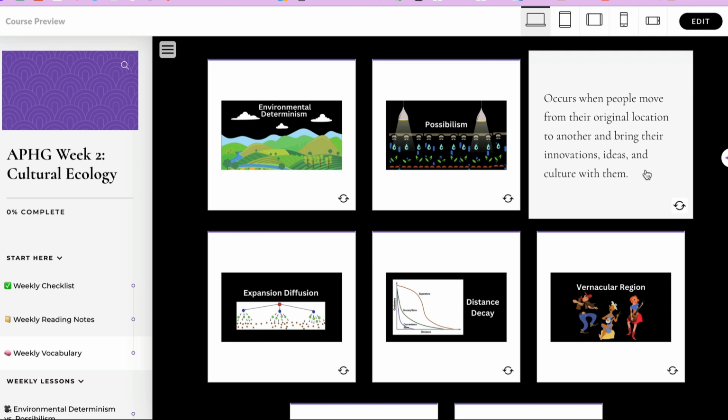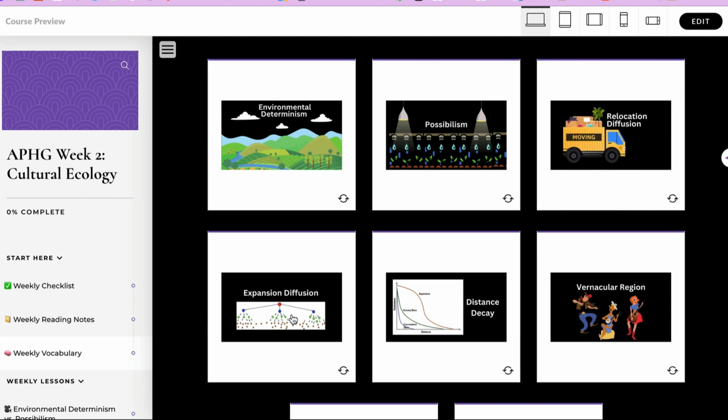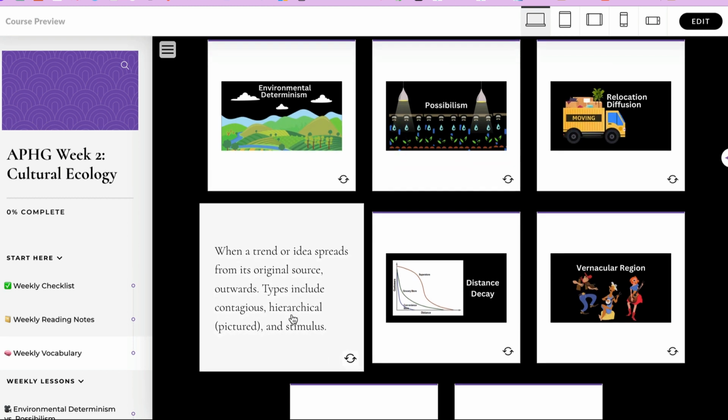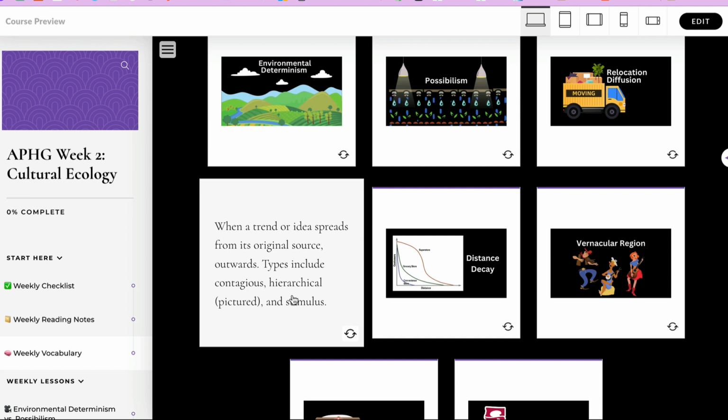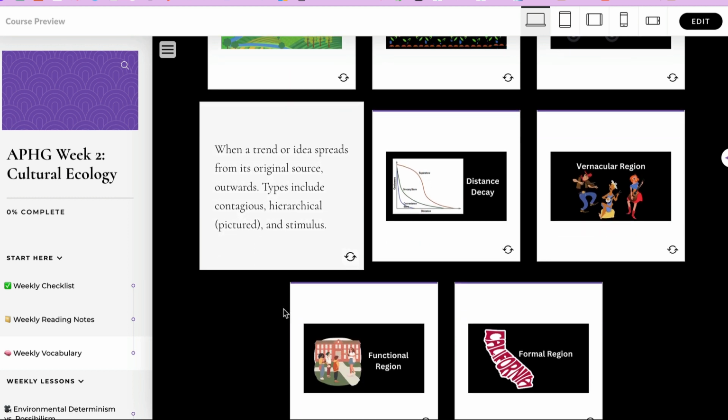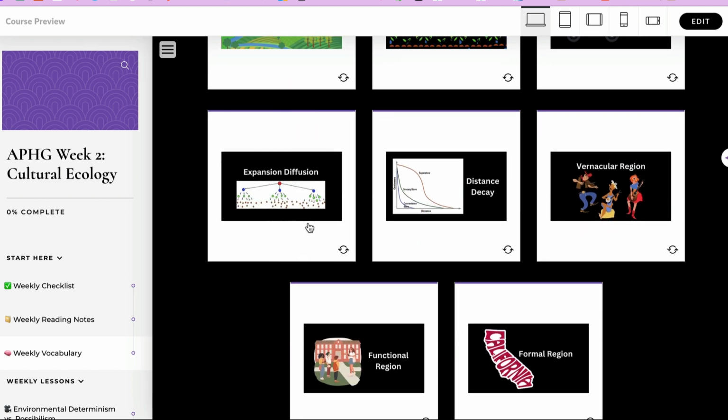It occurs when people move from their original location to another and bring their innovations, ideas, and culture with them. On the other hand, we have expansion diffusion, which is when a trend or idea spreads from its original source outward. There are three subtypes here: contagious, hierarchical, and stimulus.